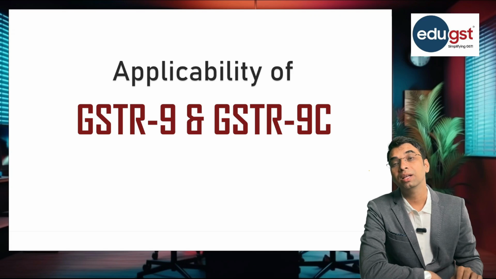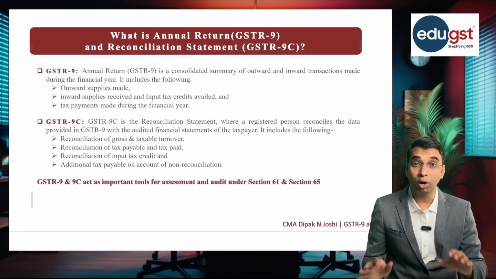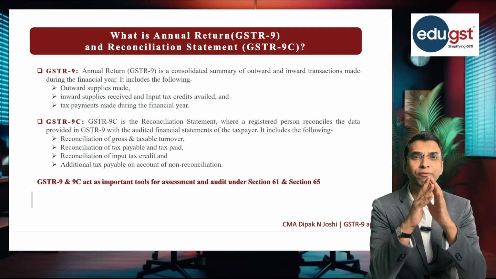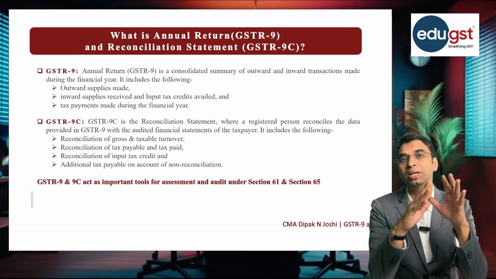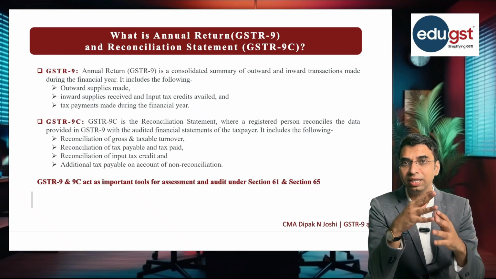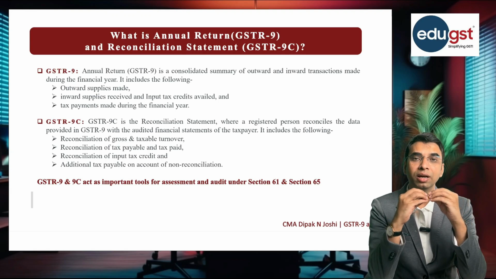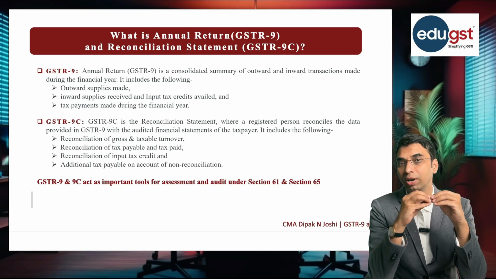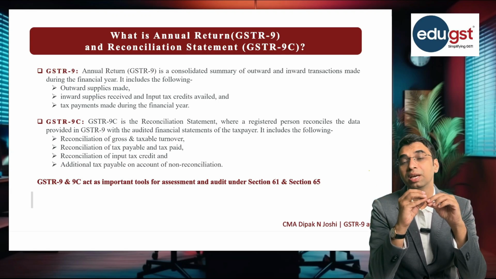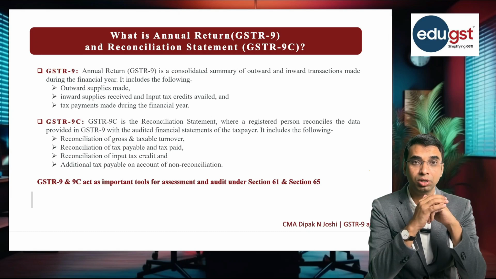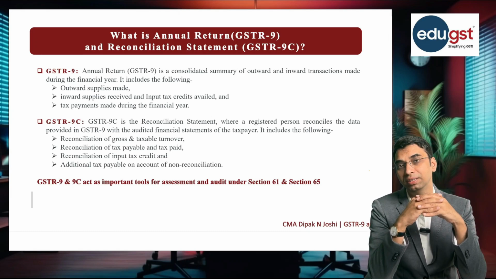And before understanding the applicability, we need to understand what is GSTR-9 9C. See, different types of GST forms or returns are there which we require to file under the GST law. For example, GSTR-1, GSTR-3B, ITC-04, etc. So what is this GSTR-9 and 9C?